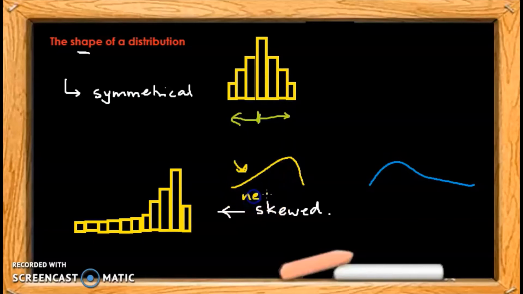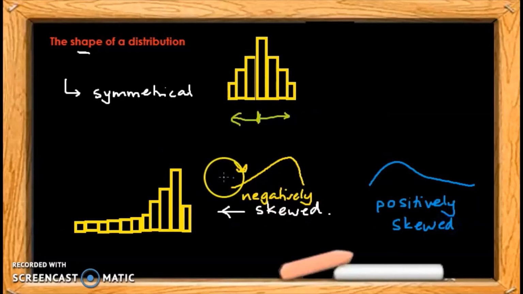This one is negatively skewed, or the blue one here, which is positively skewed. And that's one way that we can describe the shape of a distribution, that something is symmetrical or negatively skewed or positively skewed.